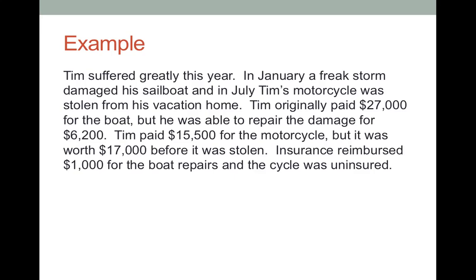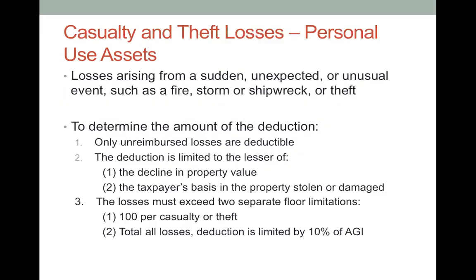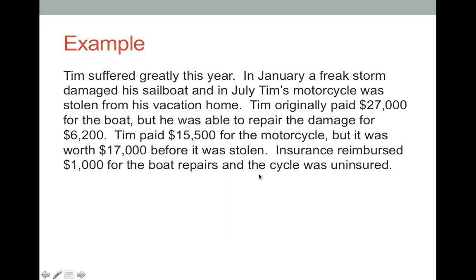The fair market value of the motorcycle was $17,000 before it was stolen. So how much loss can he potentially deduct for the motorcycle? It's going to be the lesser of the decline in property value while it was stolen, which is the full $17,000 that it was worth, or his basis of $15,500. His loss is the lesser of those two amounts, or $15,500.